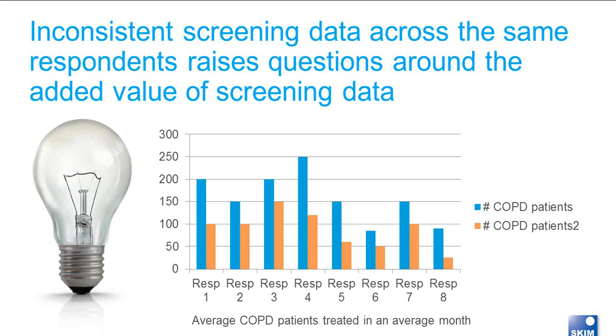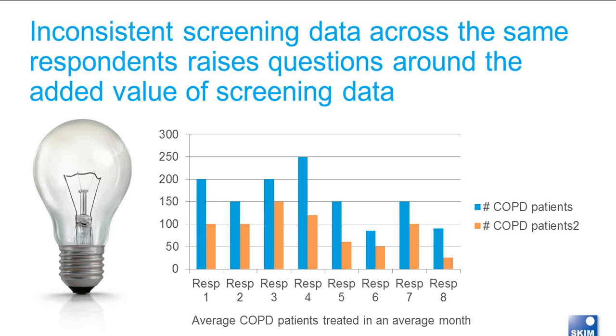And we are not talking about small differences like 10 to 20, 30, because that's possible. We are aware that COPD patient numbers may swap around because patients would die, new patients would appear.